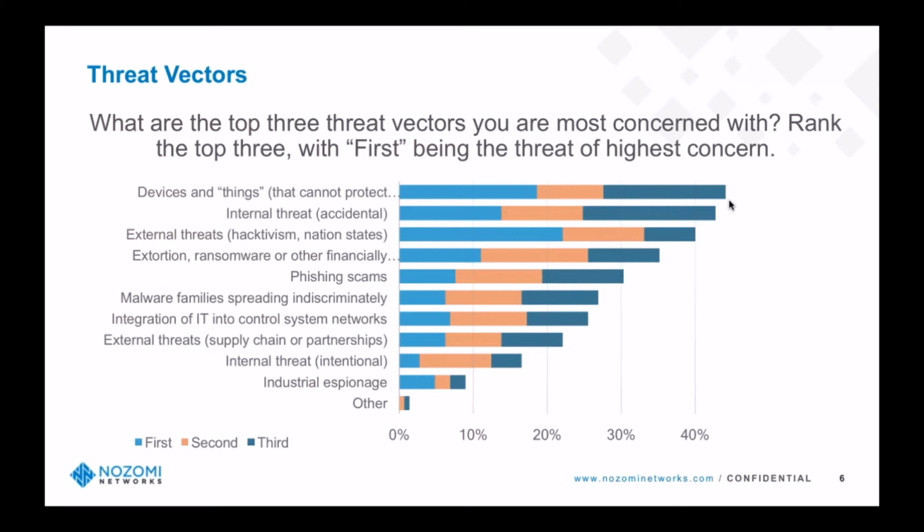But getting into the rest of the threats, top three overall, one that's been on the top of the list of everyone who was polled in the SANS survey was devices and things that cannot be protected. So we hear these concepts of Internet of Things, and certainly if you're involved in smart grid, you understand that there are a lot of intelligent nodes and end devices that are being added to the grid that make it more efficient, that make it smarter, that allow municipalities to meter more efficiently.